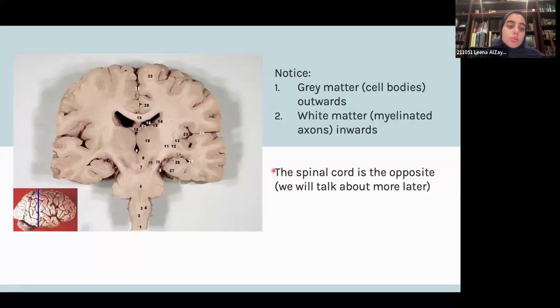The spinal cord is opposite to that, because the gray matter is actually inside and the white matter is actually outside. While here we can see the white matter, the myelinated axons, are inside, and they branch out towards the cell bodies, which are gray matter.